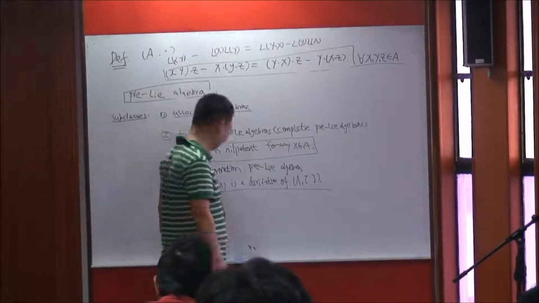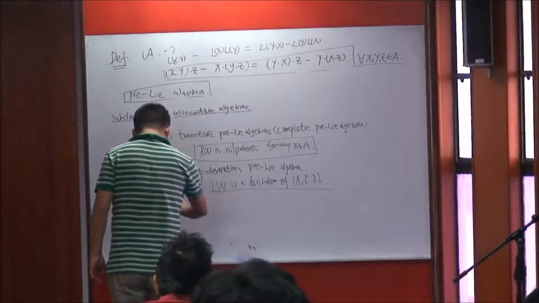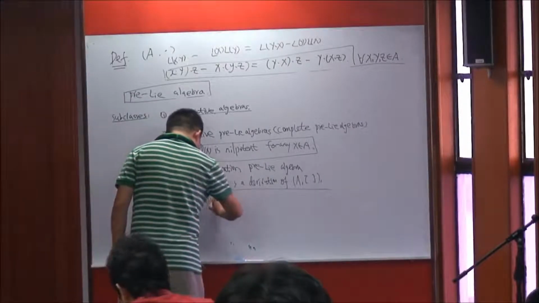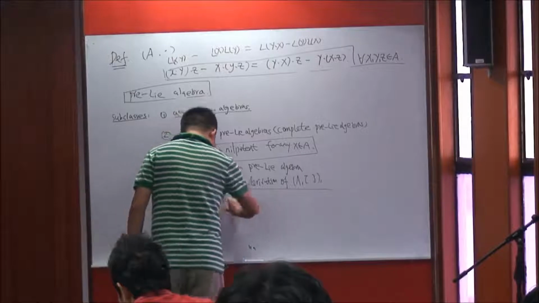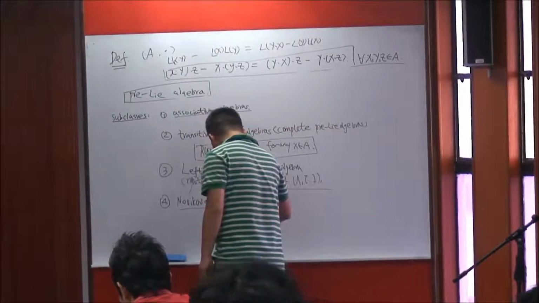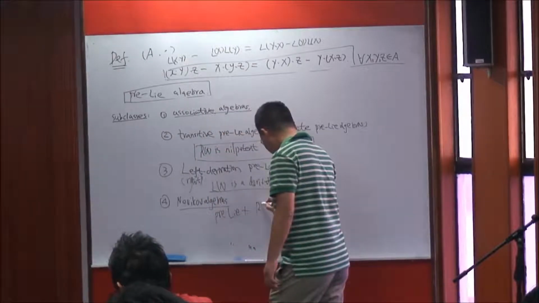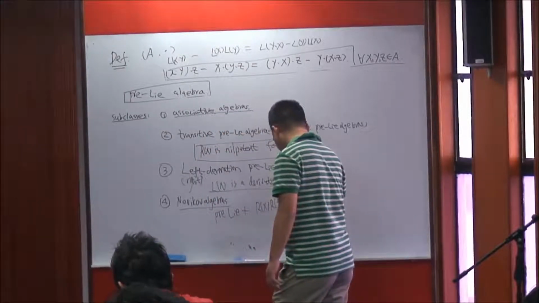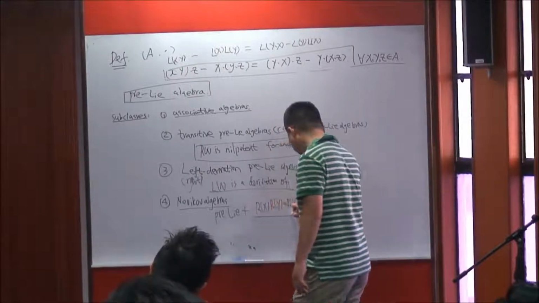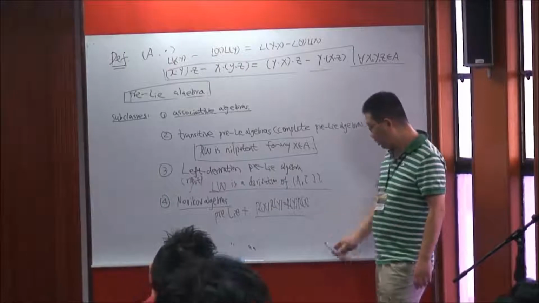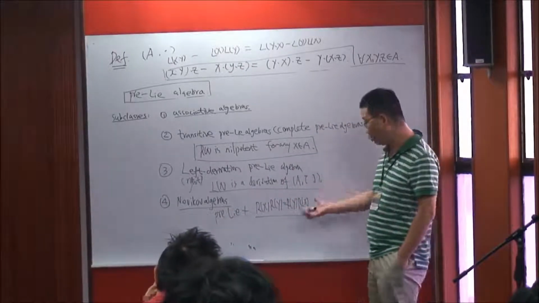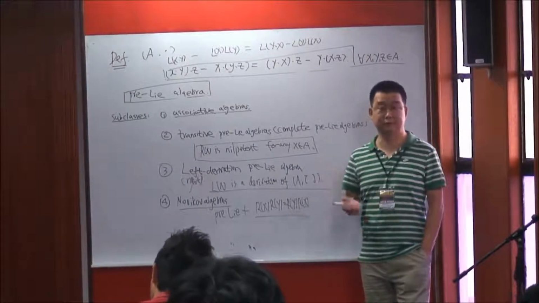Another one is called the Novikov algebra. A Novikov algebra is a pre-Lie algebra plus RxRy equals RyRx. So the left multiplication operator is a representation, and the right multiplication operators commute.